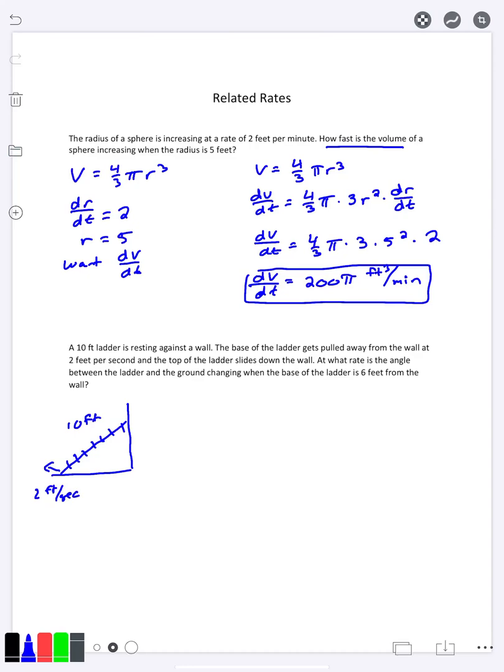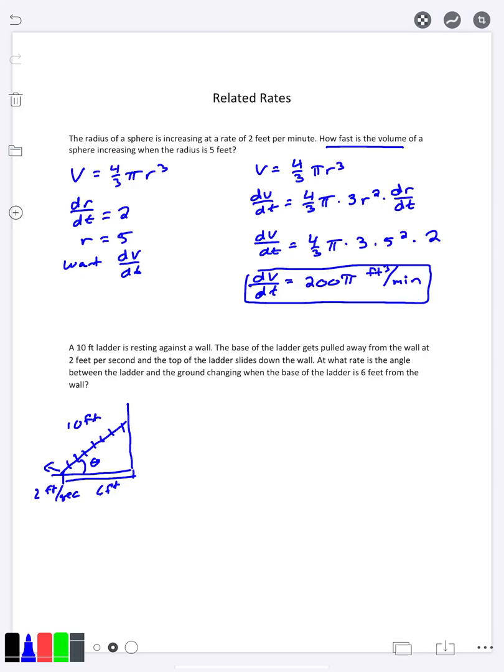And we want to find the rate that the angle between the ladder and the ground is changing when the base of the ladder is 6 feet away from the wall. Okay, so that's what we're trying to find here.